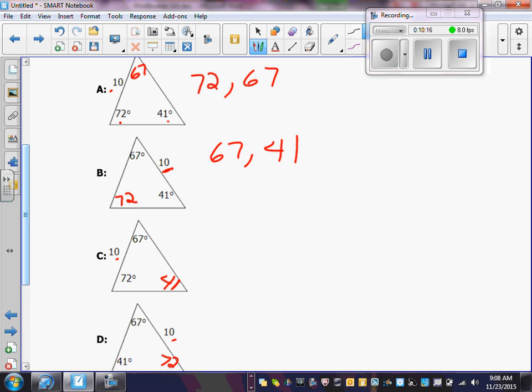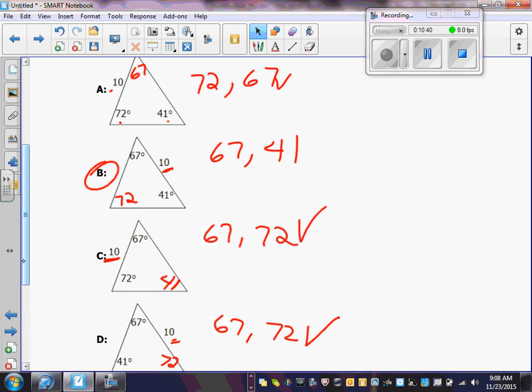And 10 here for C is between 67 and 72. 10 here is between 67 and 72. So when you look at all three, which is A, C, and D, they all have the 10 located between 67 and 72, with the exception of B.